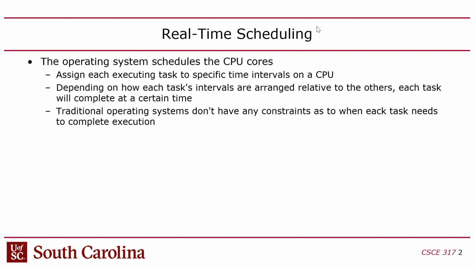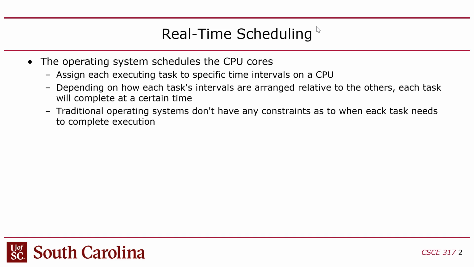But if you have a control type system where you have to run each task within an allotted amount of time, which is going to be your Ts, your time step, then you have to have a guarantee that the CPU will be able to keep pace, that it'll be able to keep up, and that you won't miss any deadlines, right?